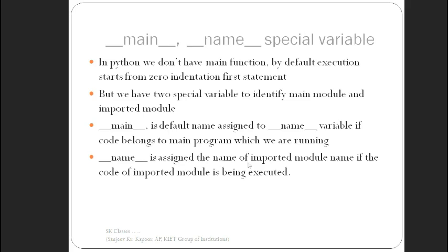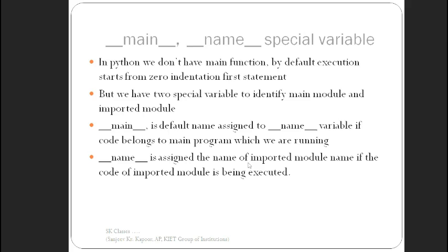Okay, so underscore underscore two times, then main, and then again two times underscore. This is the indication of any special variable in Python, and here the specific example I am taking is main and name.